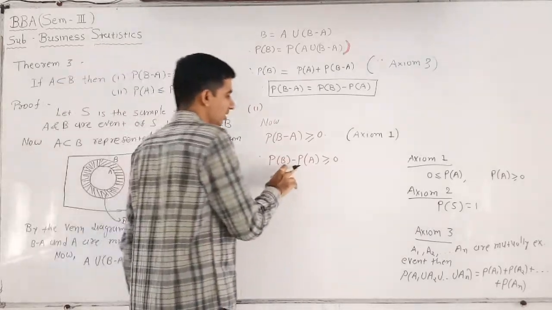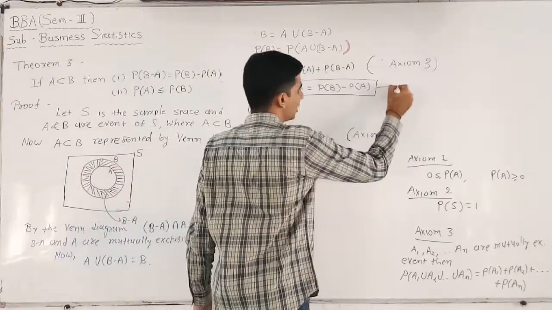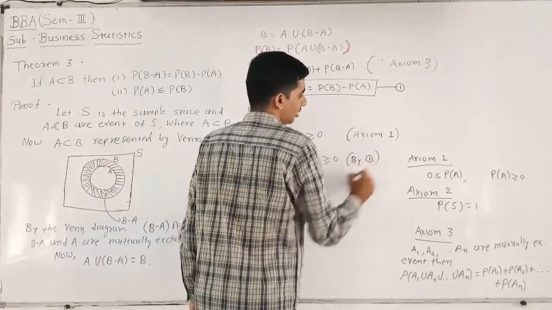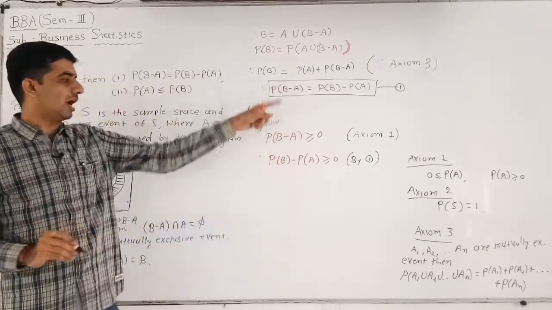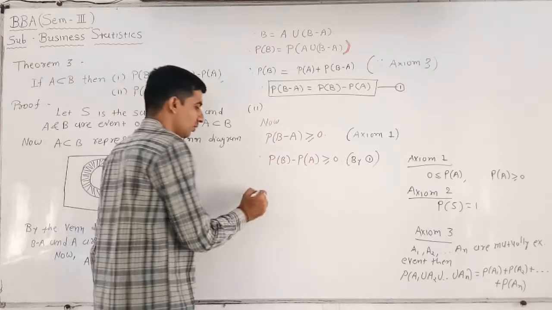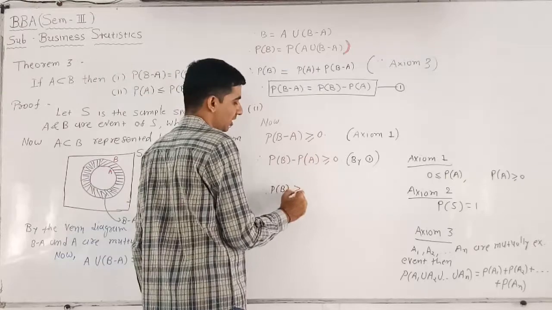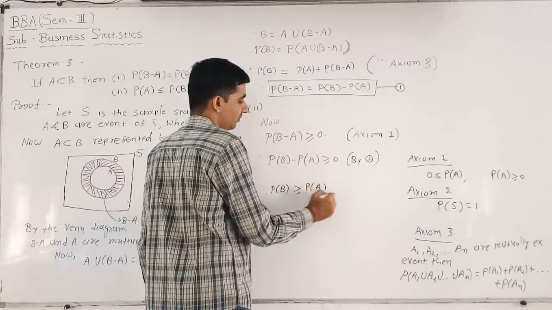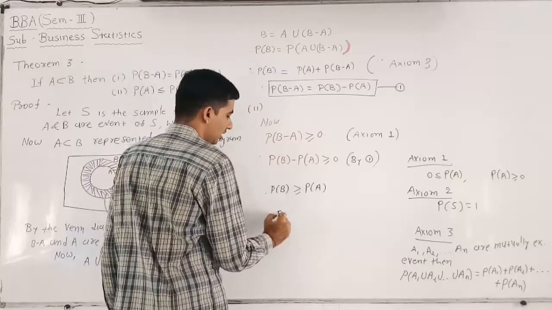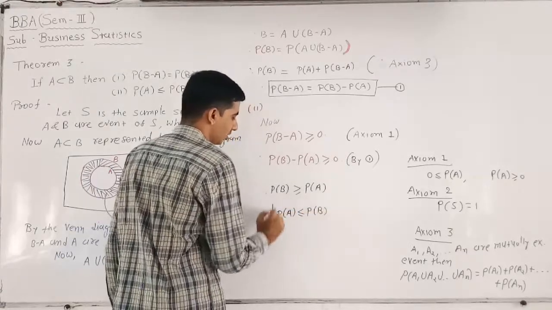It means that આ P of A જે છે એને હું સામે જવા દઉં હવે આમાં પણ કારણ લખી શકાય. સપોઝ આને હું રિઝલ્ટ નંબર 1 આપી દઉં તો અહીંયા by result 1 પરથી આ મળે કે P of B minus A is equal to P of B minus P of A. Therefore P of B, આ P of A ને સામે જવા દઈએ તો greater than or equal to P of A, અથવા તો P of A ના ફોર્મમાં લખવું હોય તો આ રીતે લખી શકાય કે P of A less than or equal to P of B.